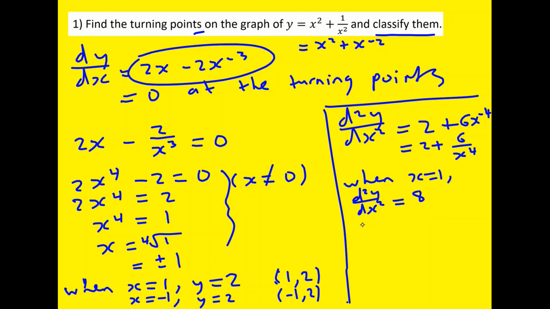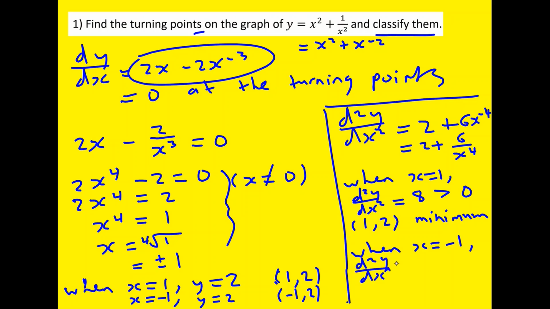So I get that 1, 2, and this is greater than 0, and this is going to be a minimum for the reasons discussed above. When x equals minus 1, well, you might have thought I'd give you a maximum here, but actually I've not. That's not what's happened. We actually get 8 again, and we get a second minimum.